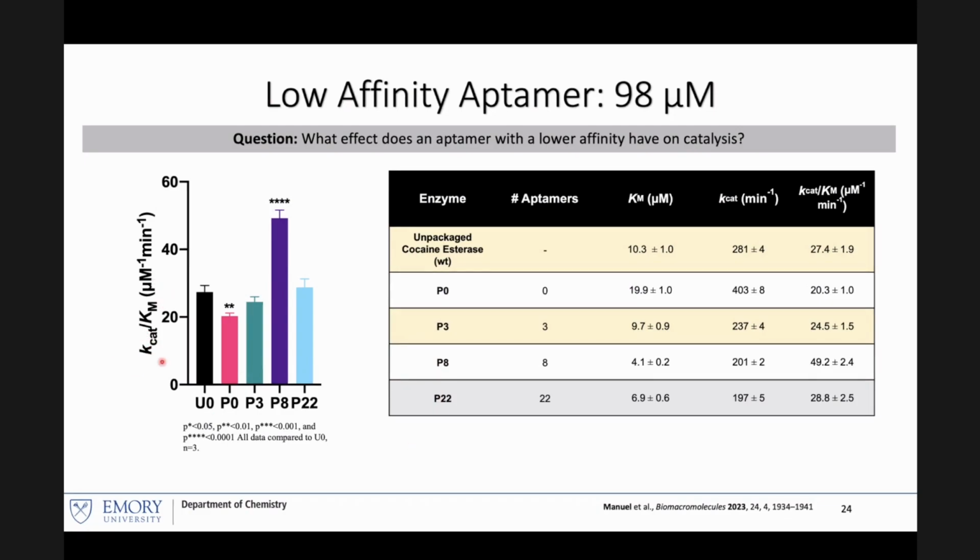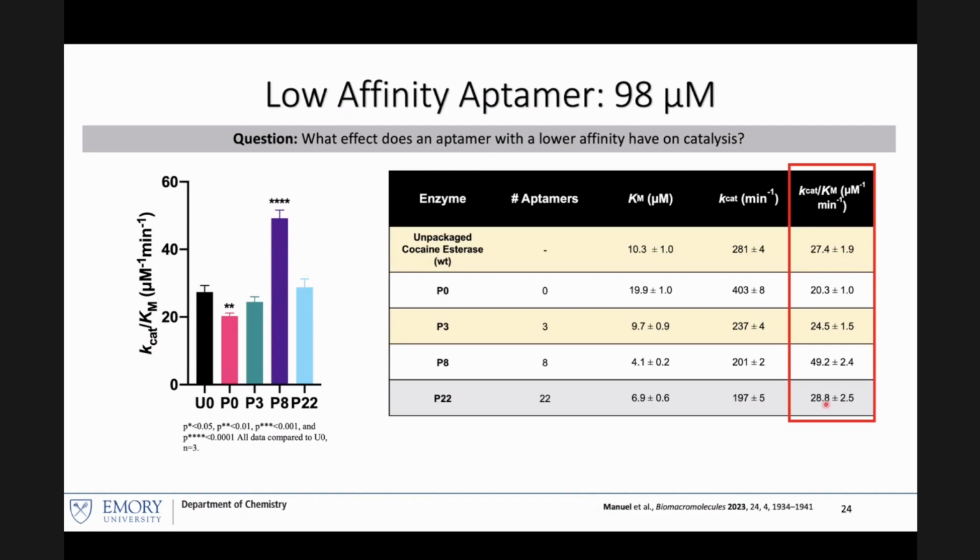And so what we see here is that as we increase our number of aptamers, we also slightly increase our enzyme efficiency, but mainly at P8. So when we have 8 aptamers with a very low affinity aptamer, we see our enzyme efficiency increase. And if you look here as well, we do get a significant increase.